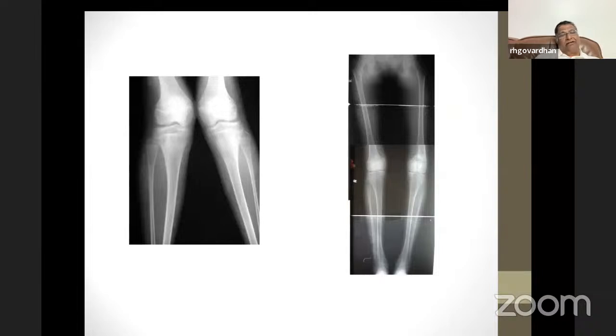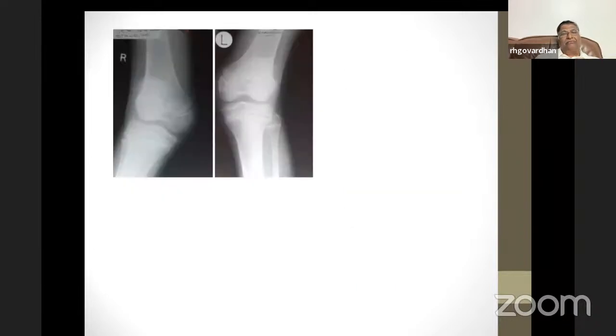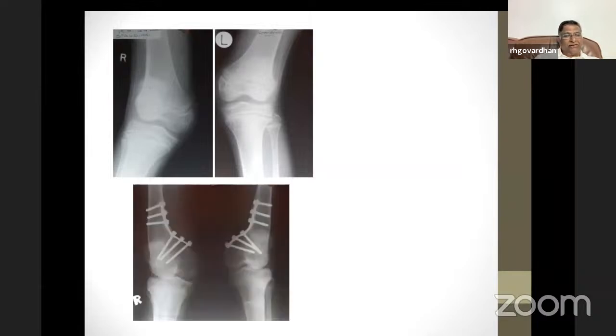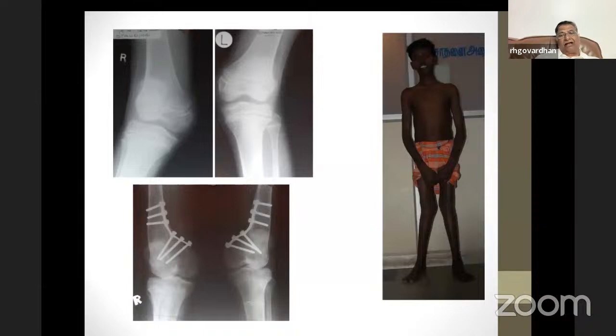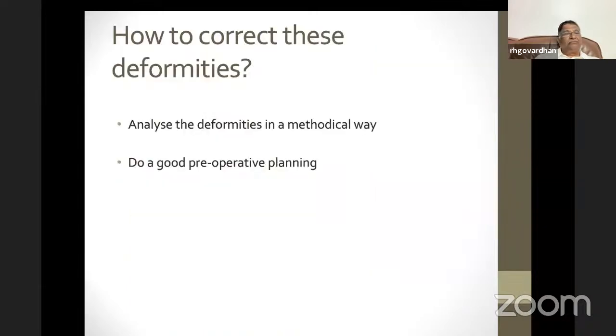He has got a genu valgum, which has become a genu varum with medial translation of the distal femur. One more example of a boy who was treated in Madurai with bilateral genu valgum. He was also treated with a medial closing wedge osteotomy, where they have created another deformity with translation of the distal fragment. So that is how he presented in Government General Hospital.